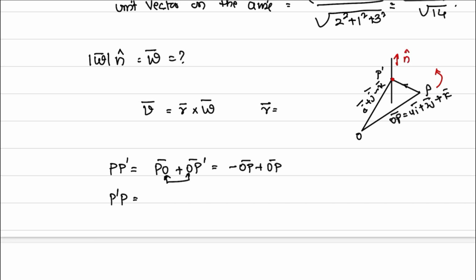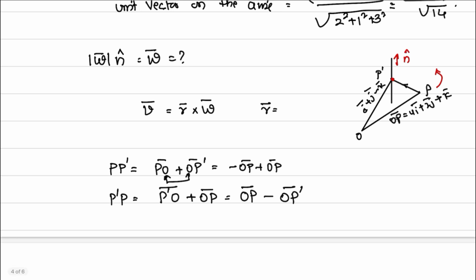And P dash P is equal to P dash O plus OP dash, that is equal to OP dash minus OP.